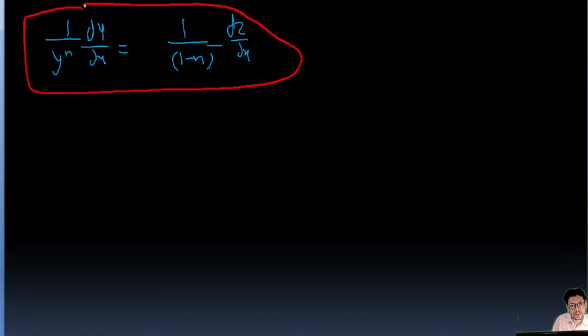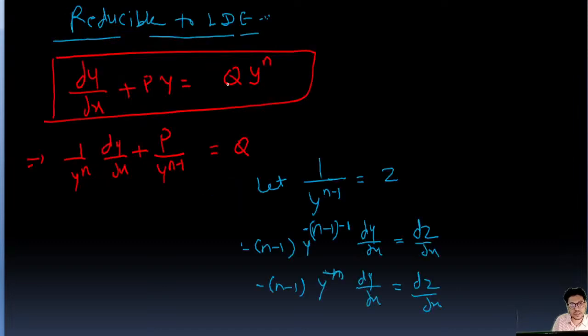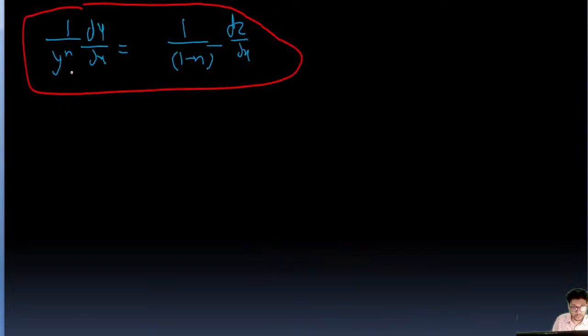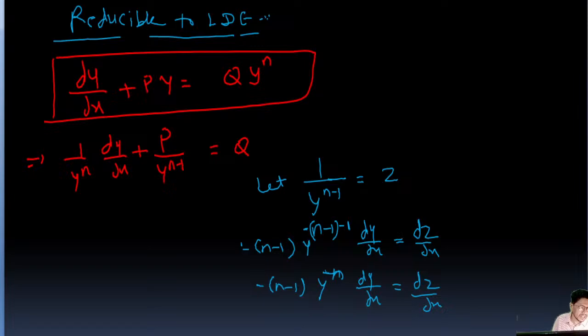If any equation is in this form, we'll take 1 upon y to the power n minus 1, and this power may be any integer, 2, 3, 4, 5, 6. We'll put it as z, then differentiate it, and then we are going to get 1 upon y to the power n dy over dx equal to 1 upon 1 minus n dz upon dx.